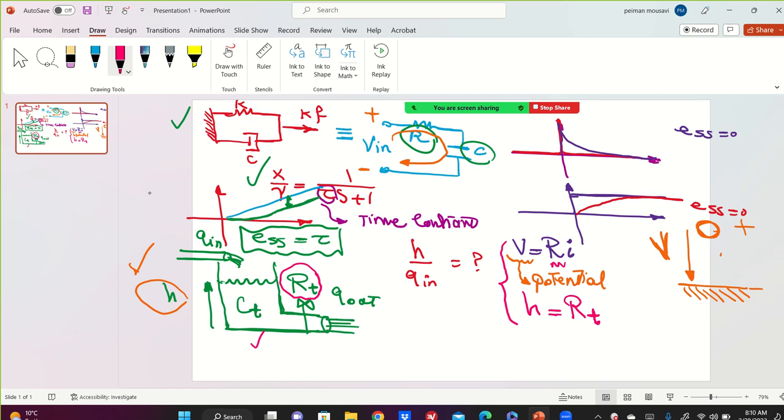Resistance of the valve. This is the valve. So the valve, like your kitchen valve, is RT. The valve that you open in your kitchen sink is RT. Understand what I'm talking about? Yes? And what is I here? Current. Current in the tank of the fluid.